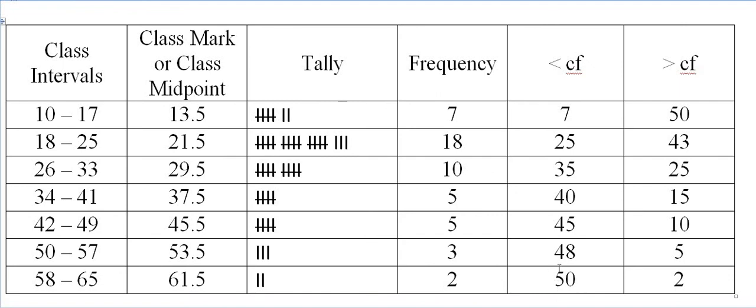For the last column, the greater than cumulative frequency, we start with the n, or the number of observations, which is 50.